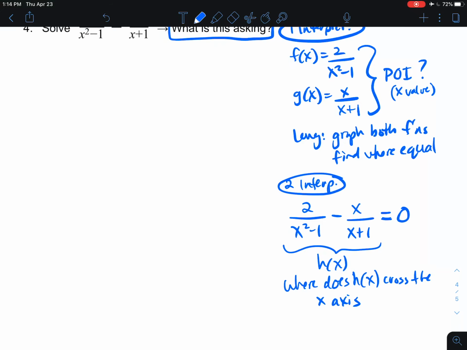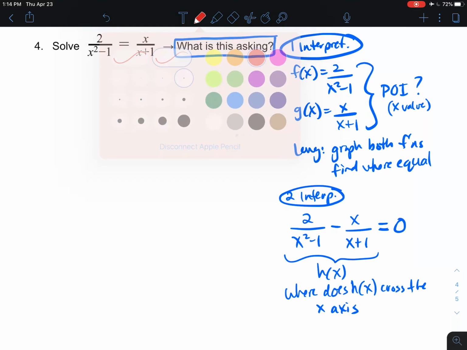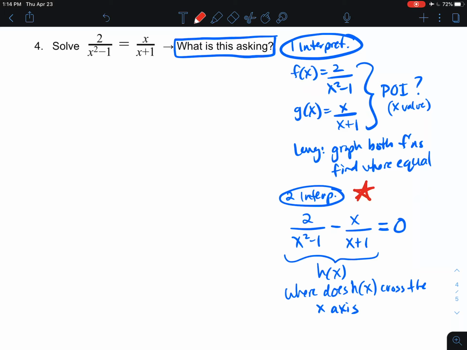So this is a slightly less long strategy, because you can manipulate this left side a little bit so that you really just have one function that you're graphing. Graph the one function, and then it's easy to see where that function has zeros. It's also easy for inequalities to say where is it above the x-axis and where is it below the x-axis. So again, I'm just going to say, this second interpretation is really what I want you to be doing.